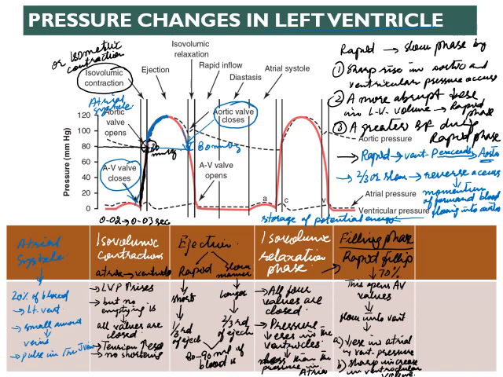After rapid filling, slow filling occurs, that is called diastasis. During diastasis, blood flows from periphery to right ventricles and from pulmonary arteries through left atrium into the left ventricle.